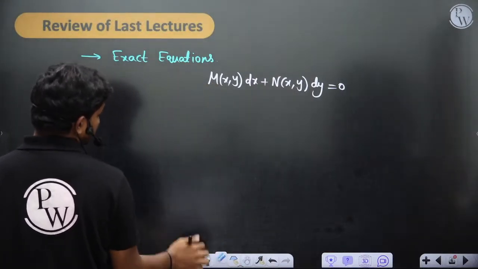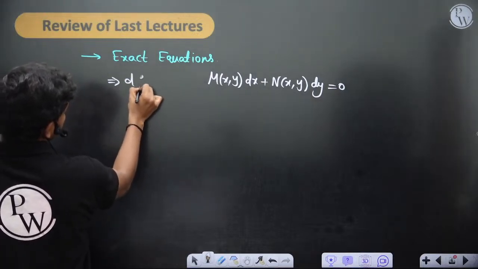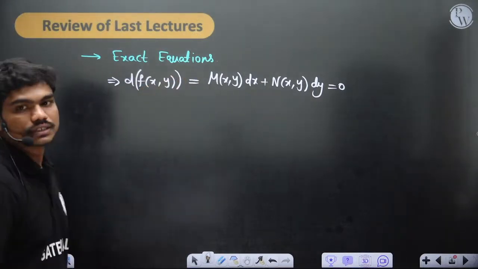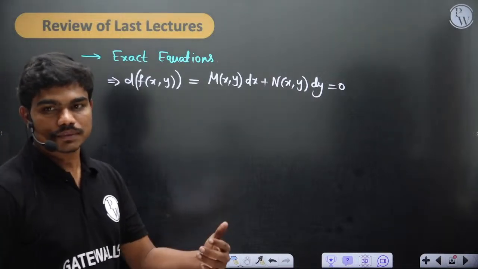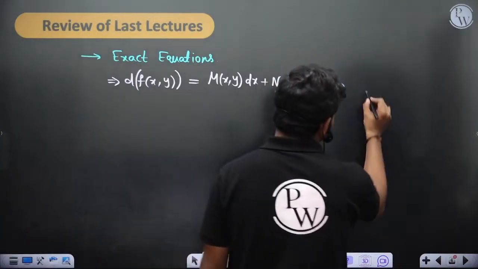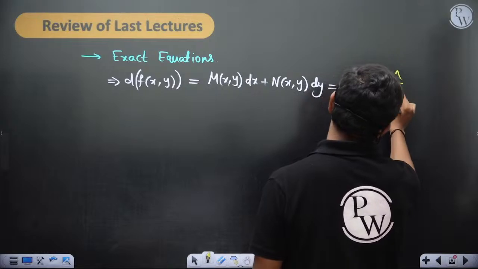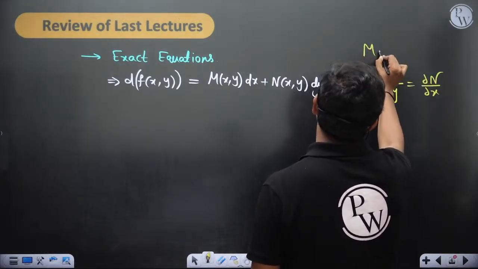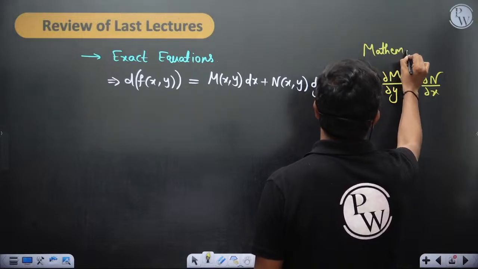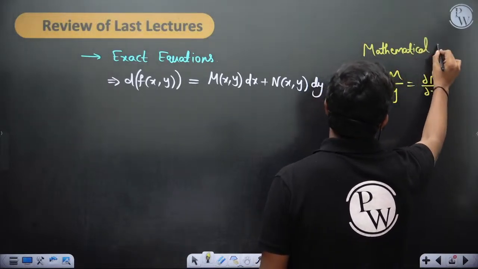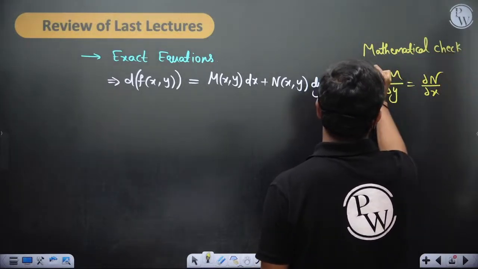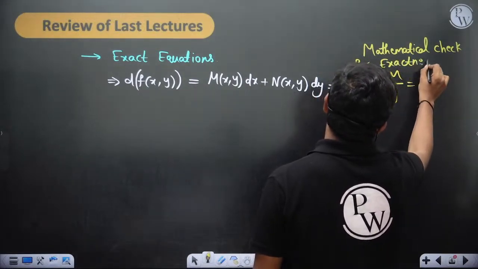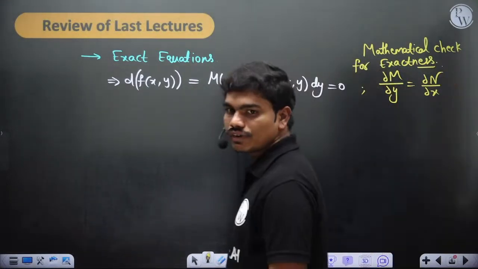This tells you there is a function whose exact derivative is given by this. The mathematical check for exactness is dou M by dou y equal to dou N by dou x.